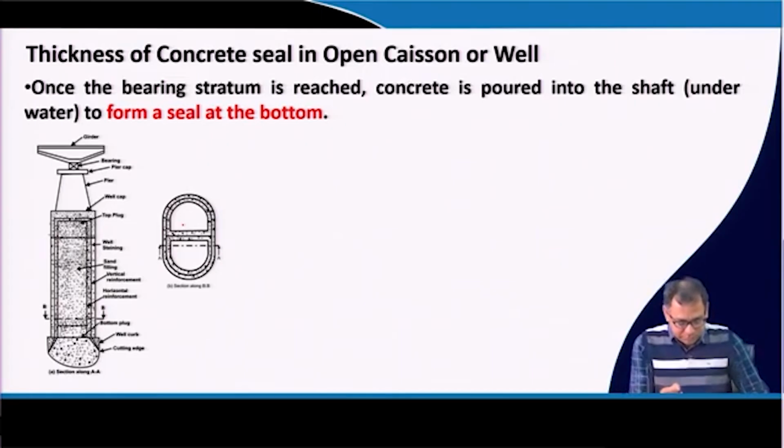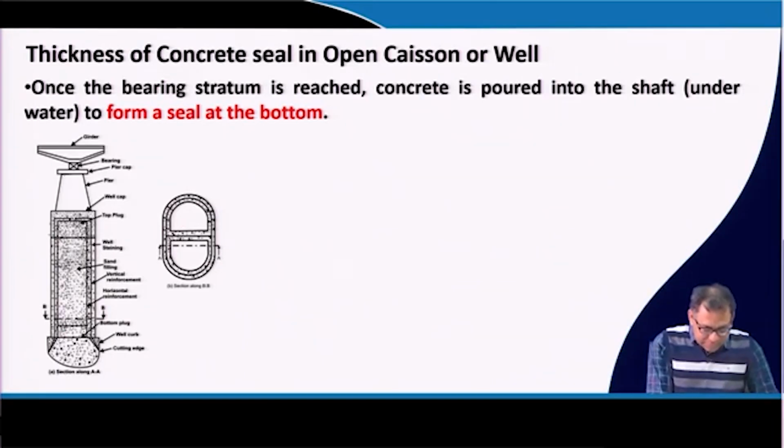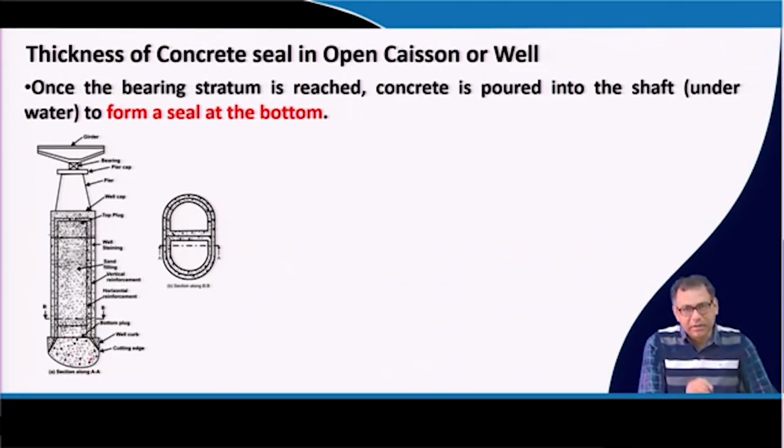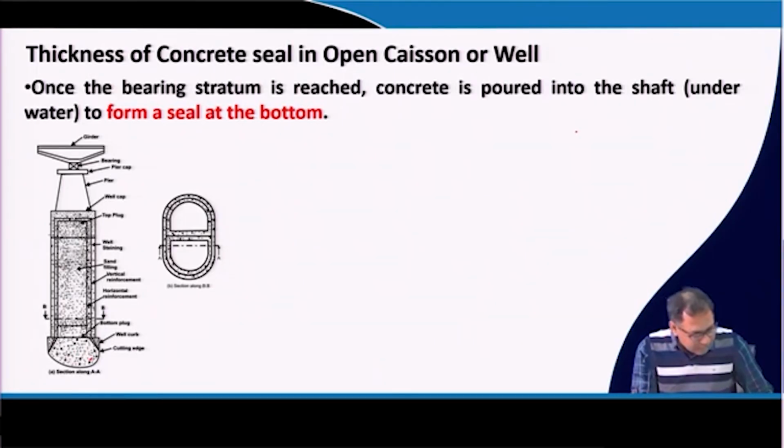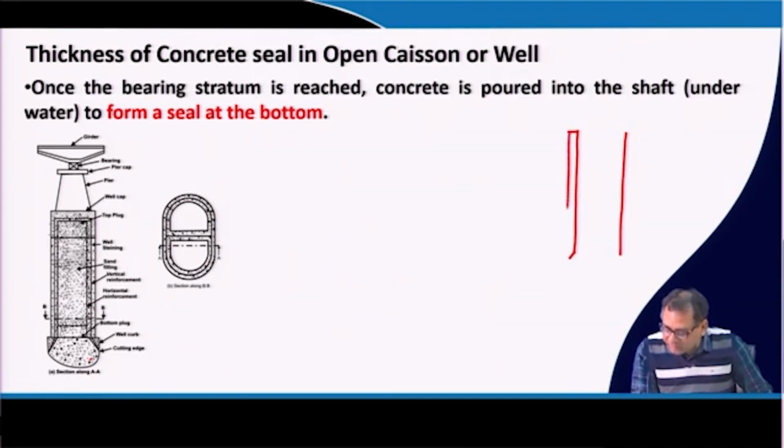So, here in this figure you can see this bottom plug or this concreting, and that thickness we have to determine. Or if I draw a separate figure to calculate that thickness, this is the shaft and here the concrete is done.